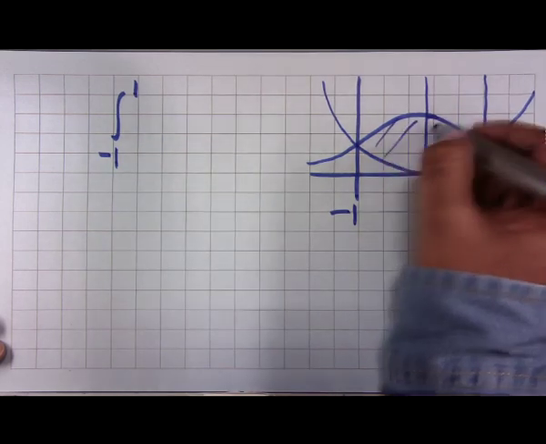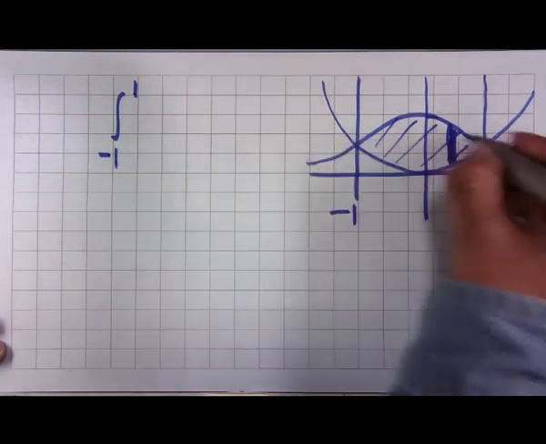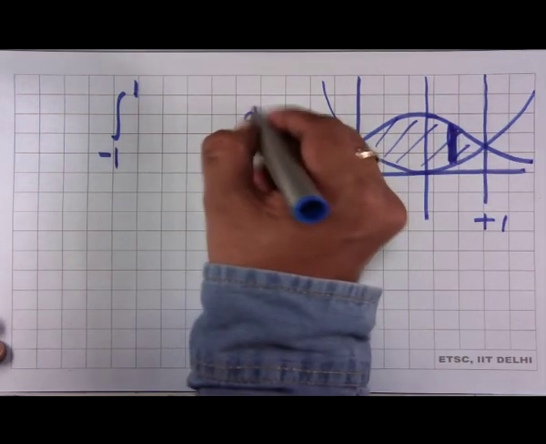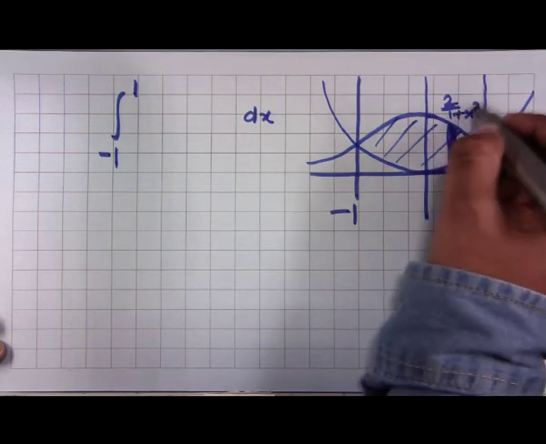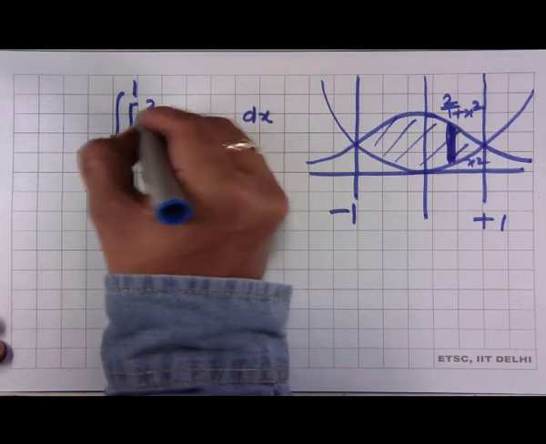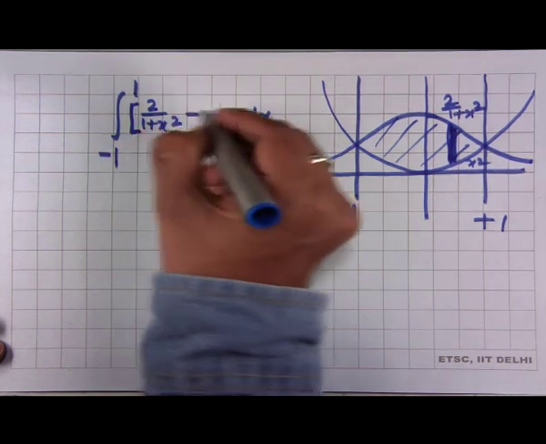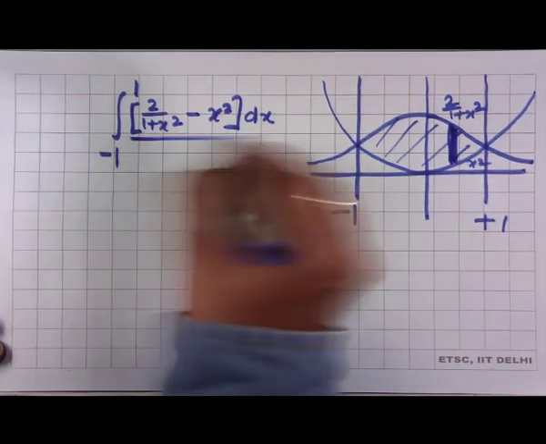So, this is your required area, this is the elementary area, whose width is dx, and this is 2 by 1 plus x square, this is x square. So, you get 2 by 1 plus x square minus x square dx as the elementary area.